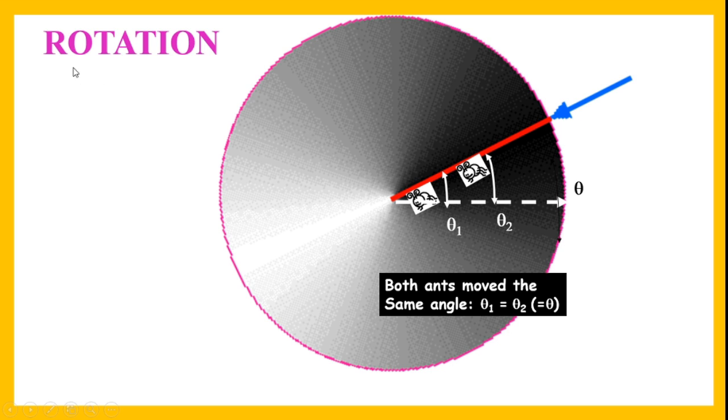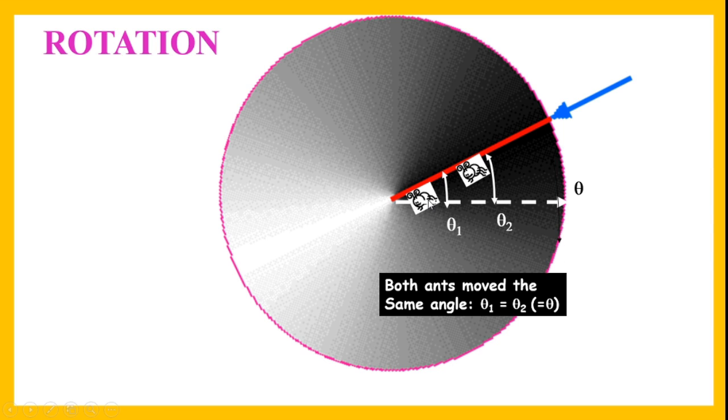To say whether the object has rotated or not, it can be said in terms of angle rather than the distance travelled, which we do in the case of linear motion. But this is rotational motion, hence it is better to explain any movement of any object by its angle.